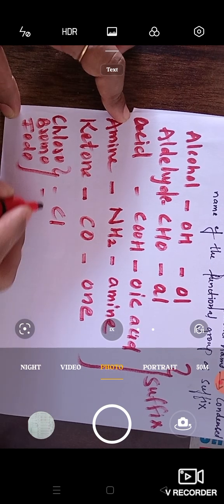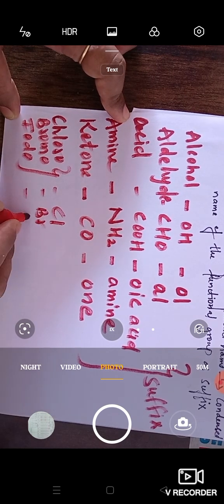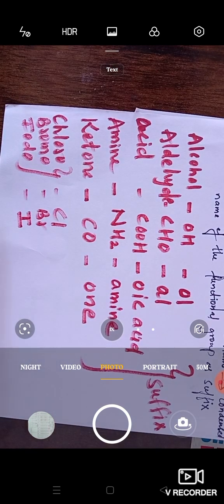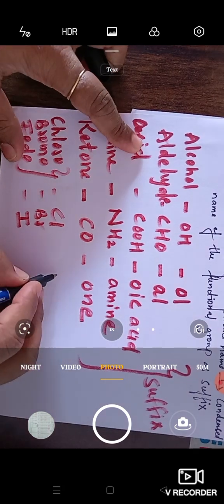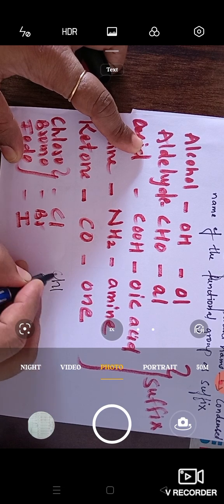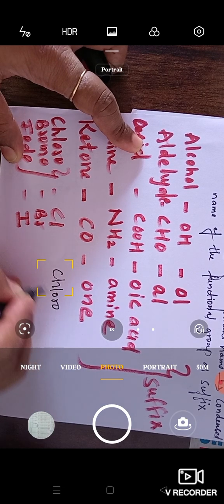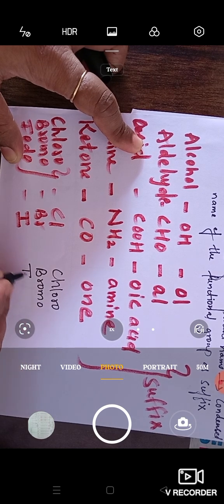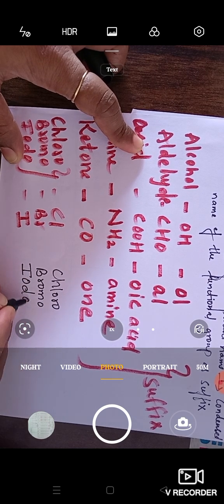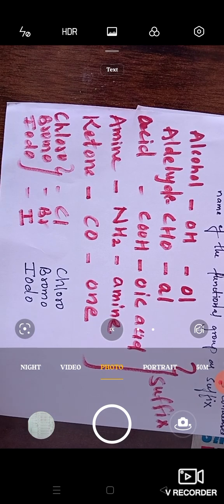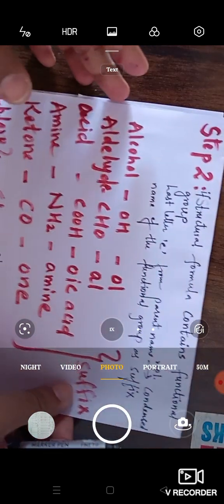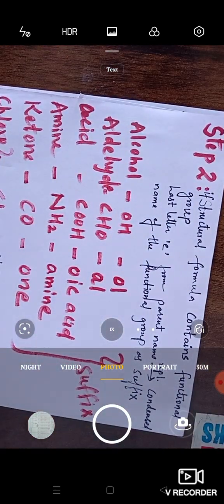If Cl, Br or I are present, these three functional groups will be used as prefixes: chloro, bromo and iodo. They will be written before the parent name. So this is step 2.